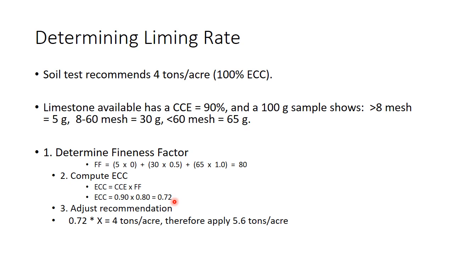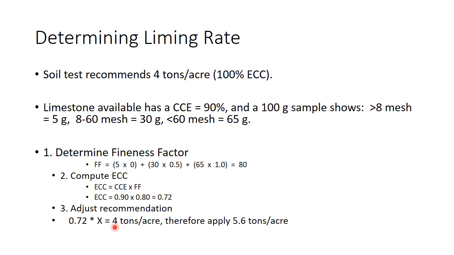The last step is to adjust our liming recommendation. To do that, we set up an algebra problem. So we have our 72% effective lime times some unknown mass of lime application rate equals 4 tons per acre.